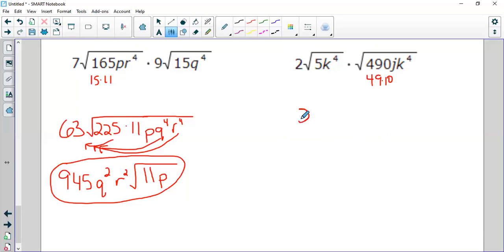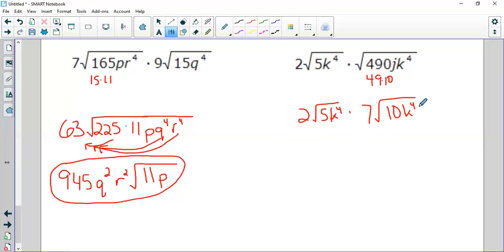So I'm going to rewrite this as 2 times the square root of 5k to the fourth. That's a really bad k, sorry about that. Times 49 comes out and becomes 7 times the square root of 10k to the fourth.